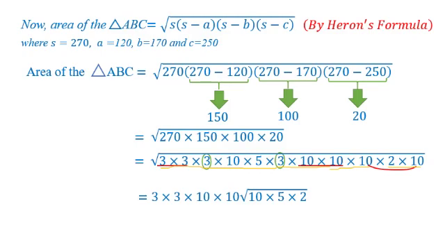So we get 3 into 3 into 10 into 10 outside, and under the square root we get 10 into 5 into 2, which are left out.